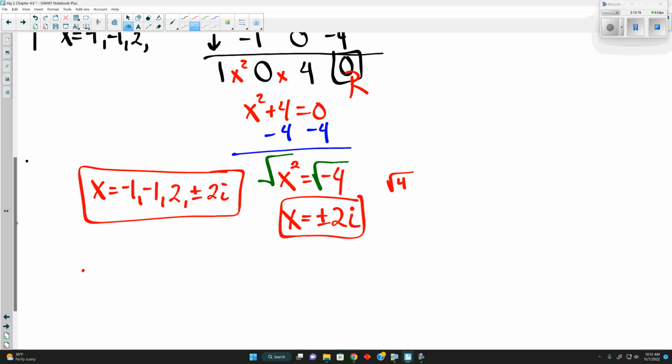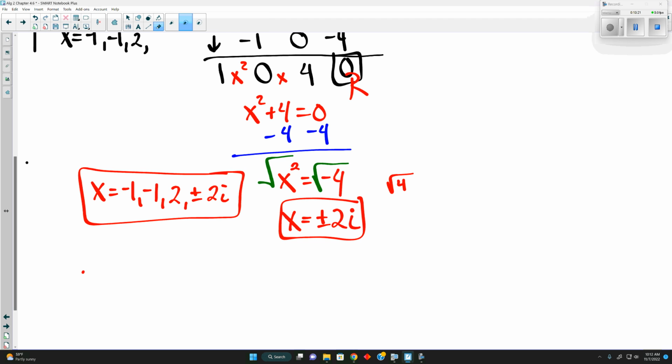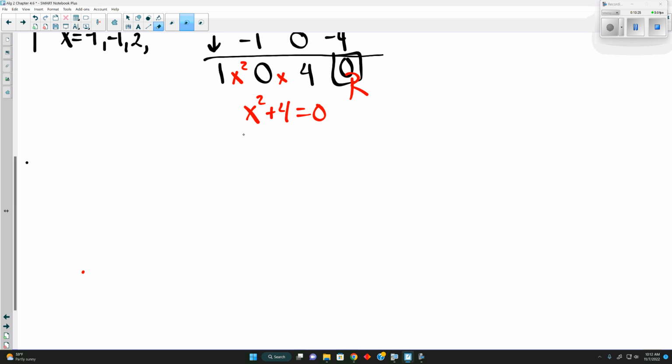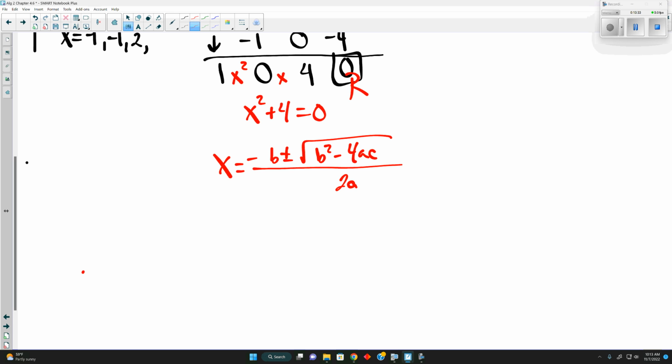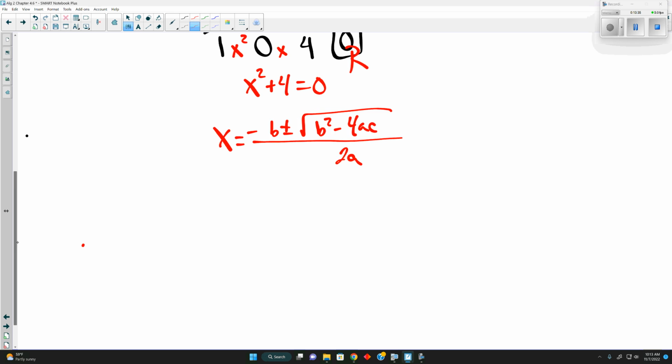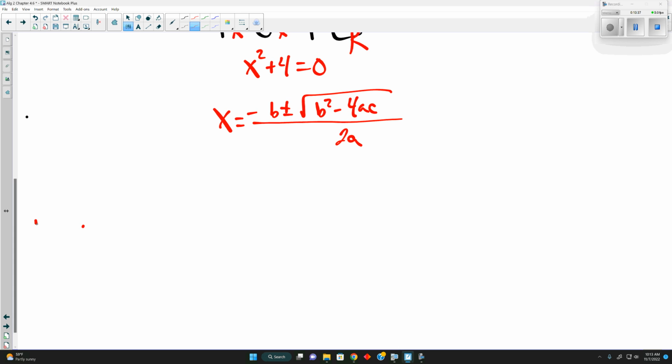Now, I will show you this here so you've at least seen it. X is equal to negative b plus or minus square root b squared minus 4ac all over 2a. Now it is possible to solve this with the quadratic formula because we don't have a middle term, so the value b is 0.